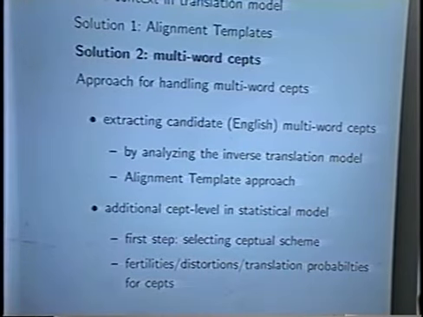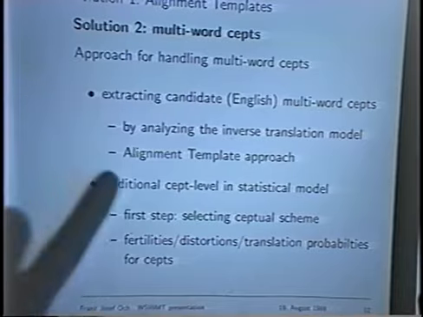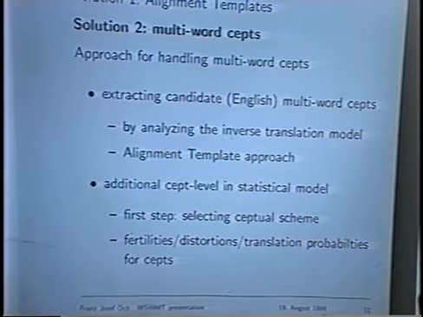And so there must be some mechanism, as the possible number of multi-word septs would be very huge. So there must be some mechanism to extract possible candidate multi-word septs by doing, for example, something like in the alignment template approach, where I simply look at all aligned phrase pairs in an aligned training corpus, which is aligned by the HMM alignment model, or by analyzing the inverse translation model.